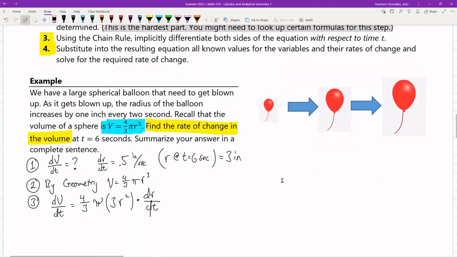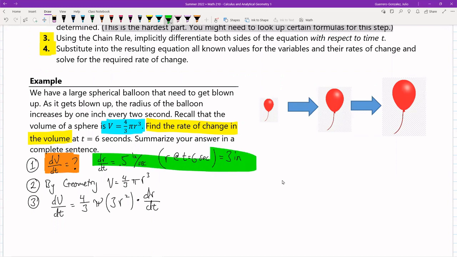Step 4 is saying substitute all the resulting values into your equation, and you get the value that you need. So let's review a little bit here. We need dV dt, which means we need all the rest of this stuff to go into our equation to find dV dt.